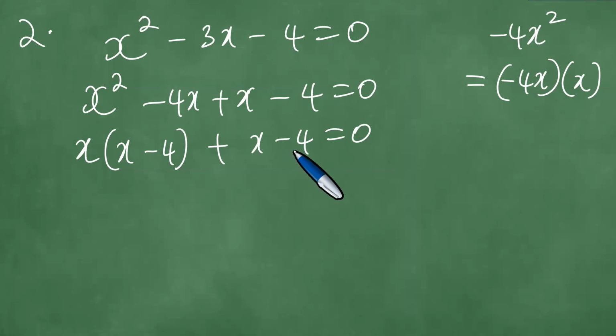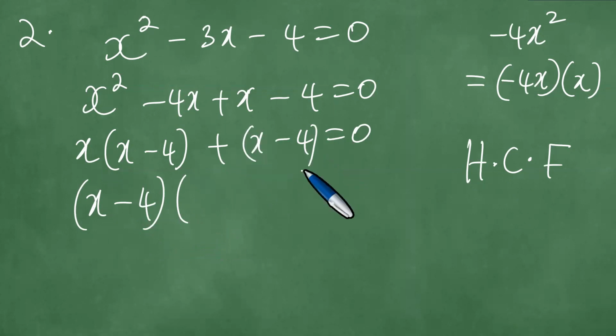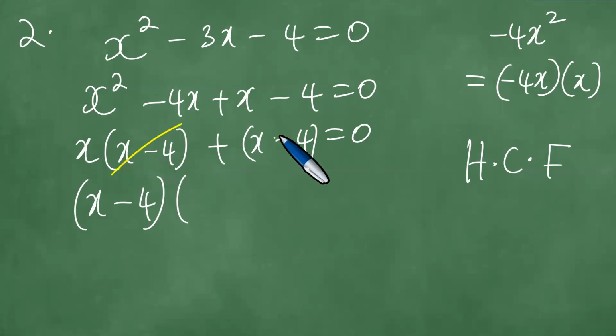X minus 4, x minus 4, it brings us to something we call the highest common factor. If you pull out x minus 4, you're going to be left with what? You can put some parentheses like this. When you factor out the x minus 4, you cross this out, and you cross that out.